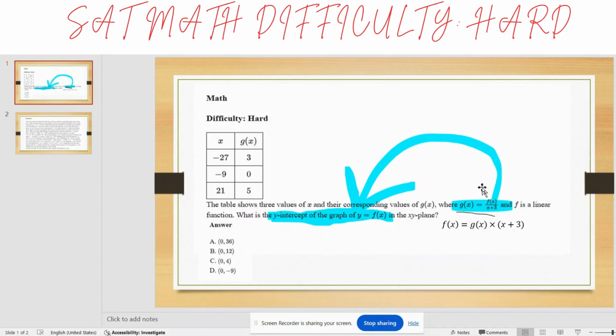I'm just going to copy the whole thing and paste it here. The first point we have been given is negative 27, so we're going to find g of negative 27. I'm just going to substitute negative 27 here and find the results.